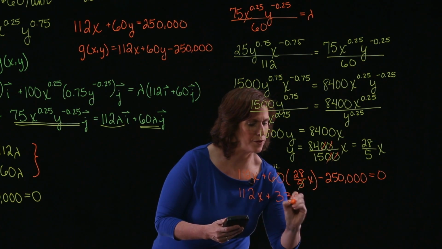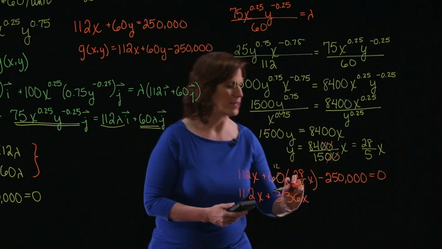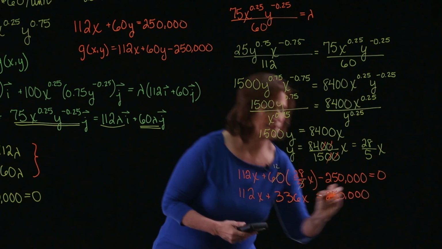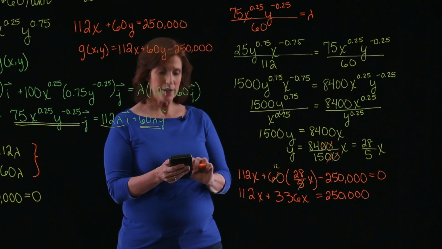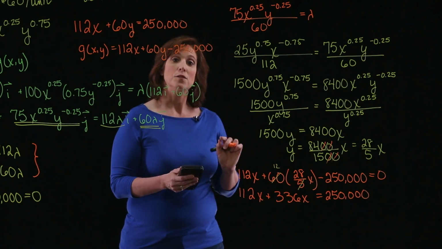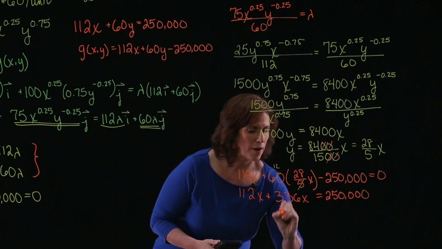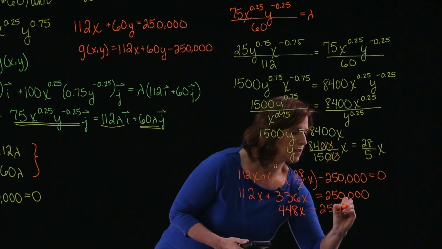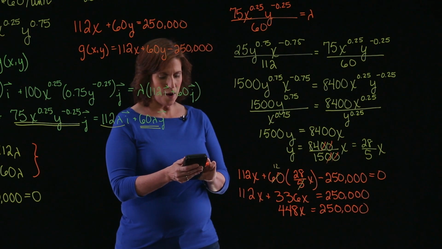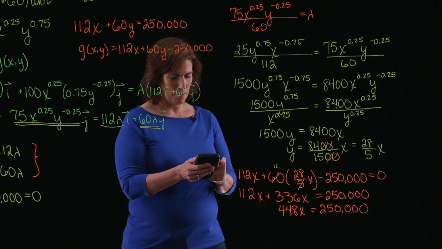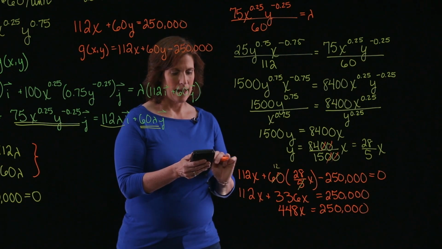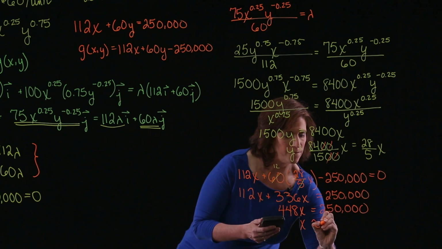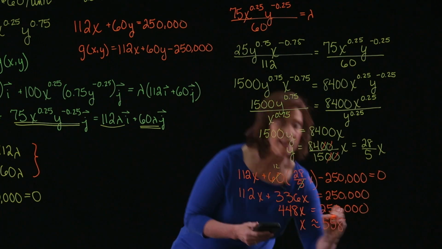So that's 336x. I'm going to go ahead and move that 250,000 to the other side. So it equals 250,000. So 336 plus 112 is 448. So I've got 448x equals 250,000. And dividing 250,000 by 448, I come up with x being equal to approximately 558.